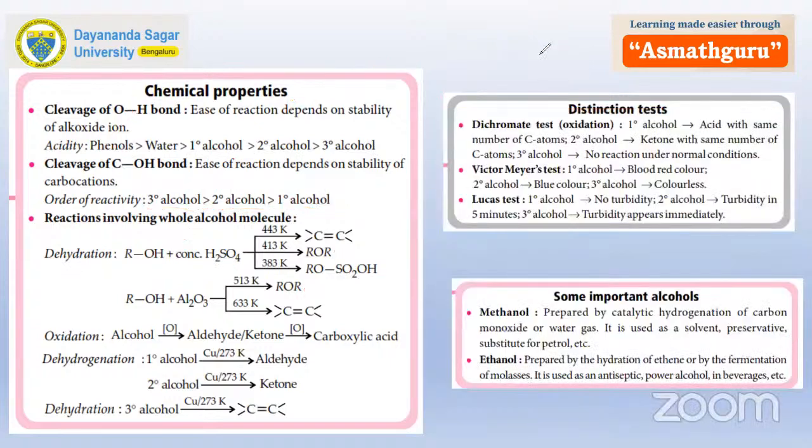Next one, I'll clear all these things. What is oxidation? Addition of oxygen. When the alcohol undergoes oxidation, it forms aldehyde. When it further undergoes oxidation, it forms carboxylic acids. But there is a small difference.